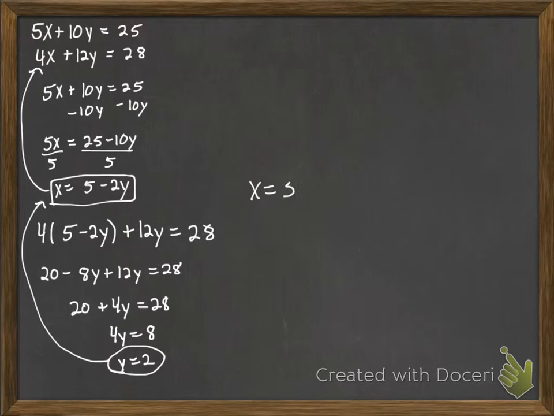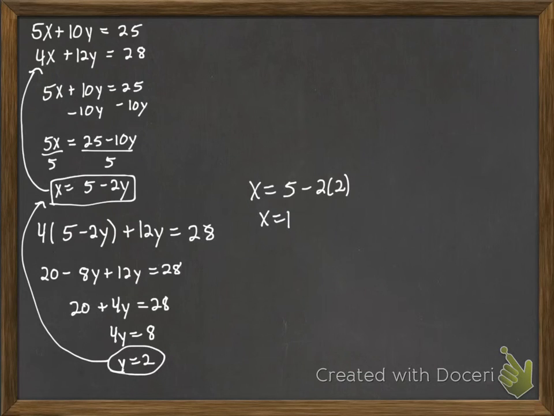We'd have x equals 5 minus 2y, but y is 2, so it would be 5 minus 2 times 2, or 5 minus 4. Simplify, and x equals 1. So we now know that x is 1.